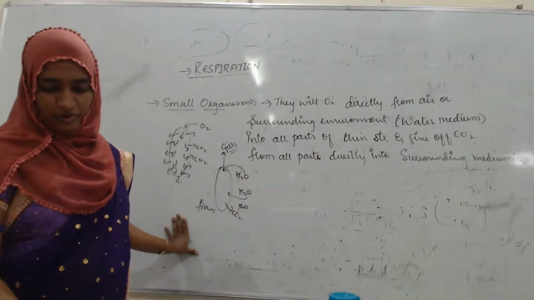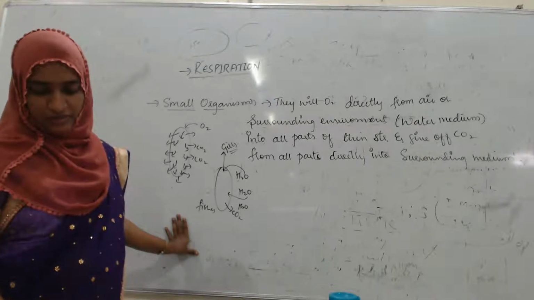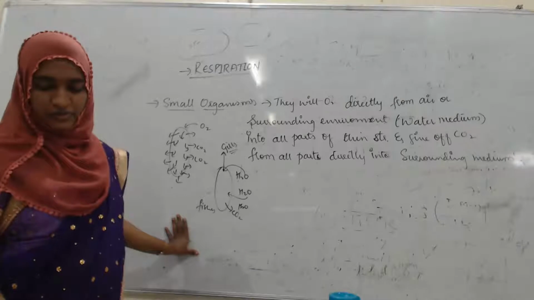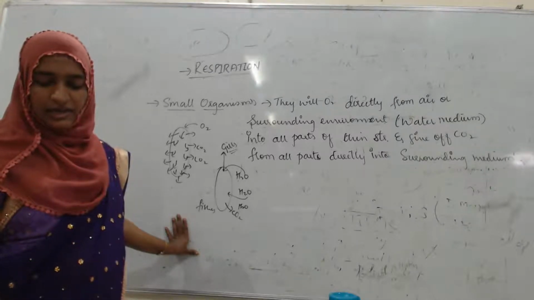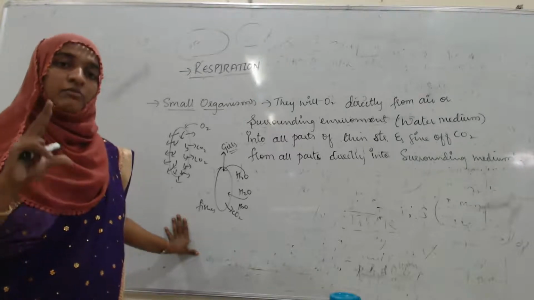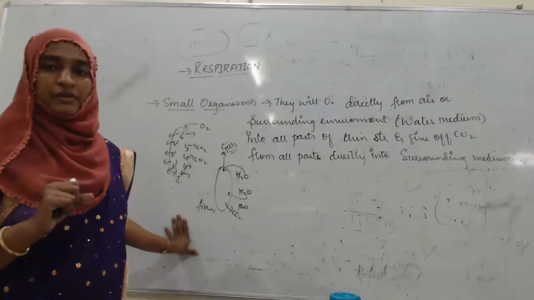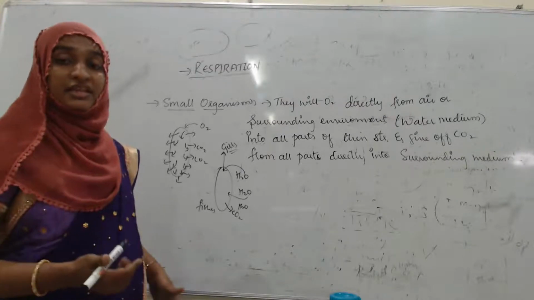Next we will see about the higher animals, how they are going to take. See here, smaller organisms can do this successfully because they are small enough to have every cell in direct or nearly direct contact with the surroundings. Their body is small, their body organization is simple, so their cells are not many in number.